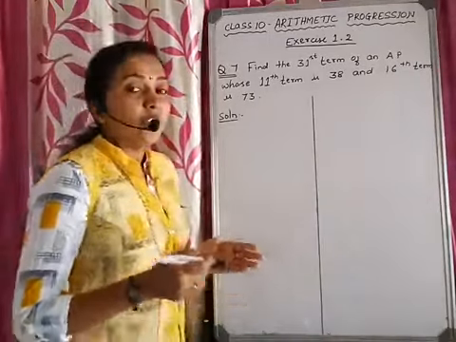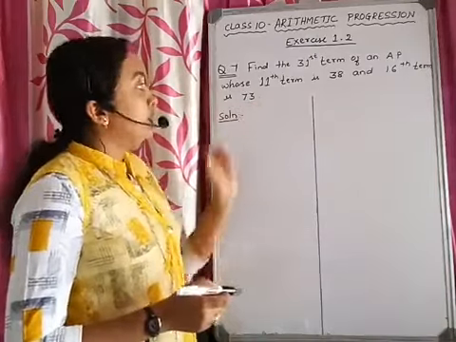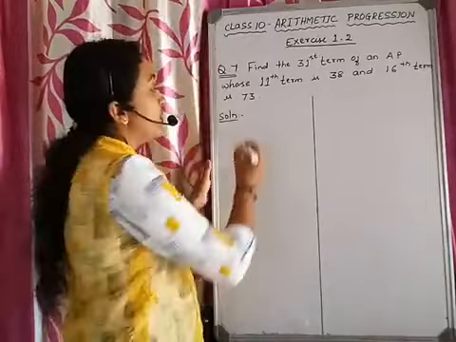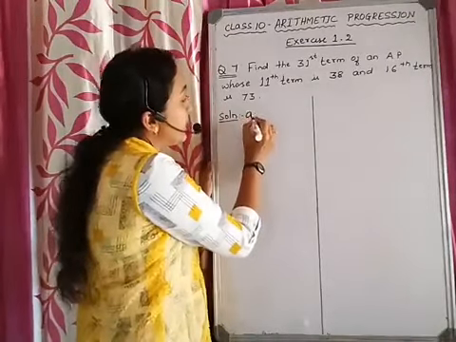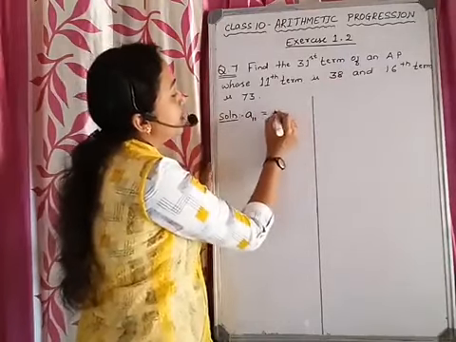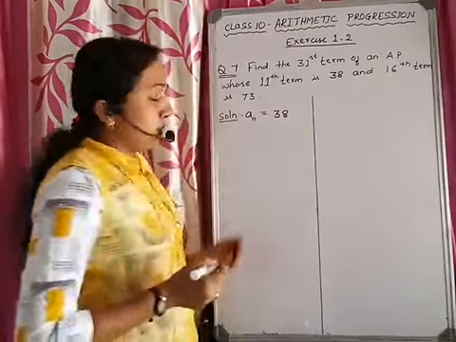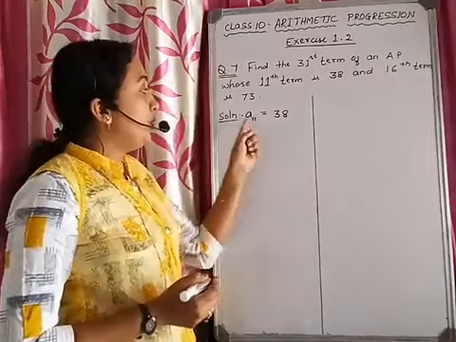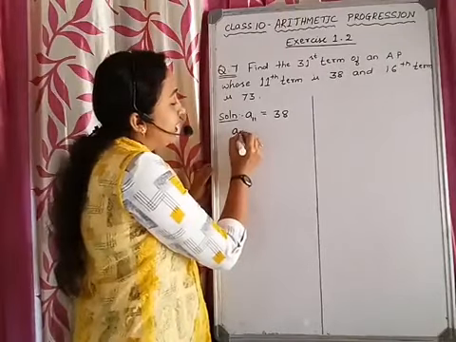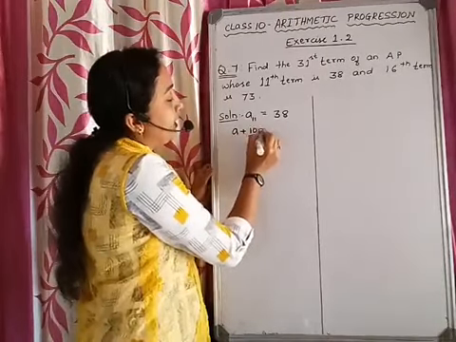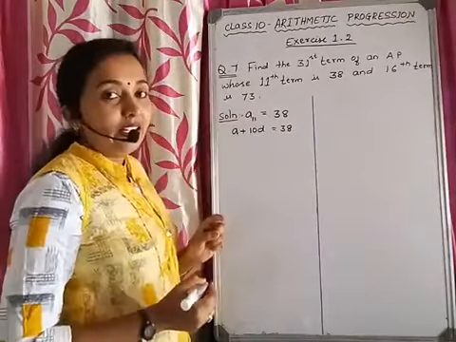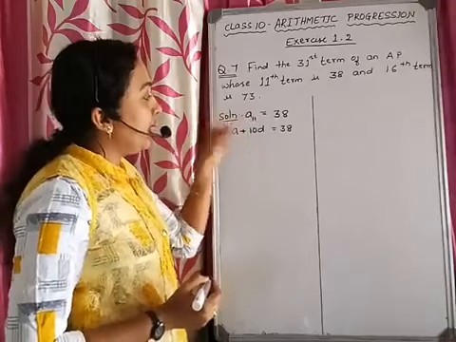So firstly, we have to write the given data. The 11th term is given. So we consider the 11th term a11 is equal to 38. Do you know the general form of a11, children? Yes. a plus 10d is equal to 38. a plus 10d is the general form of a11.